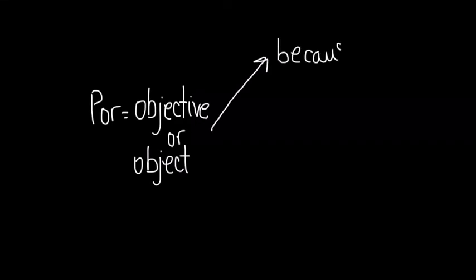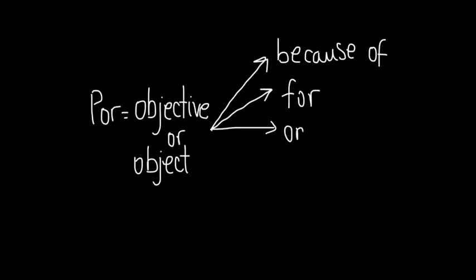So when we talk about por as the goal or objective, or object of an action, there are several meanings in English. The first one, because of. The second one could be also for. The third one, on behalf. And the last one is to get.